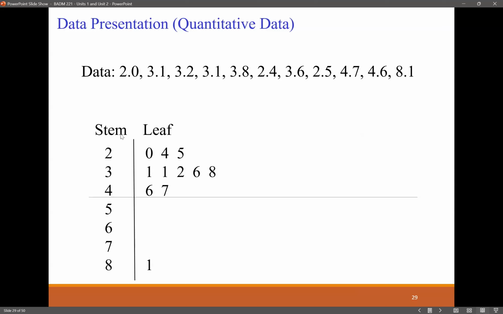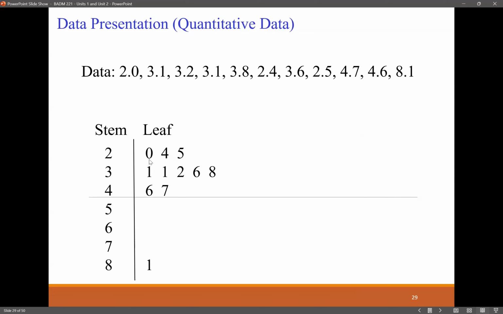Right, and in the same way for this example you can say that these are the numbers. So you can see 2, 3, 4, 5, 6, 7, 8, till 8 you can write, whereas 5, 6, 7 is not there. And then after the decimal point you can write the numbers which are repeated.